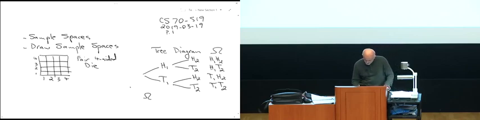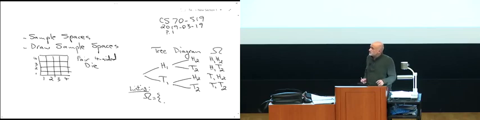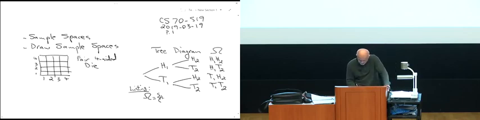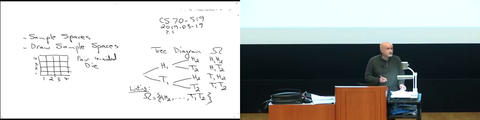There's also the simple listing of the outcomes of my sample space. In this case, I would just represent the outcomes as a set. I've got H1, H2, all the way to T1, T2. That's another way I can represent things. And of course, there's also the good old Venn diagram.